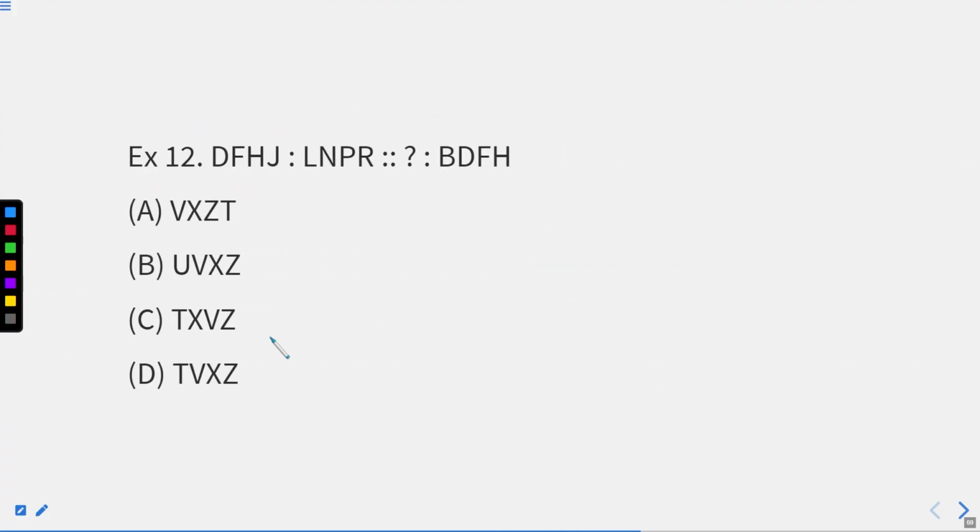Now you have another question where you have to find the answer by yourself. What you can see here is D, F, H, and J converted into L, N, P, R. If I look at how much distance we are moving, from D we get E, F, G, H, I, J, K, L. We are moving plus 8.